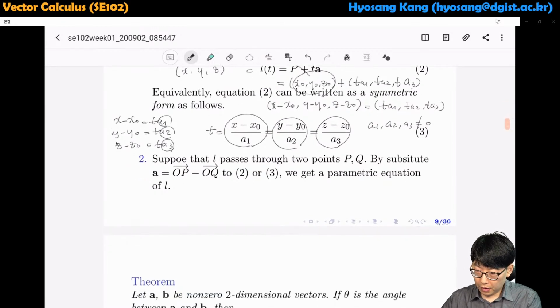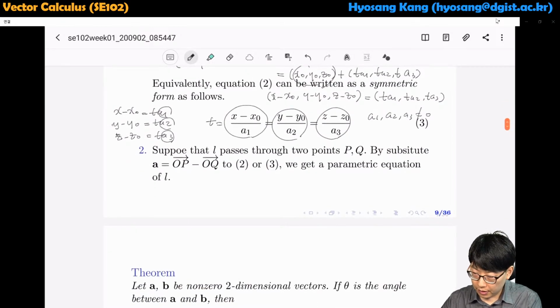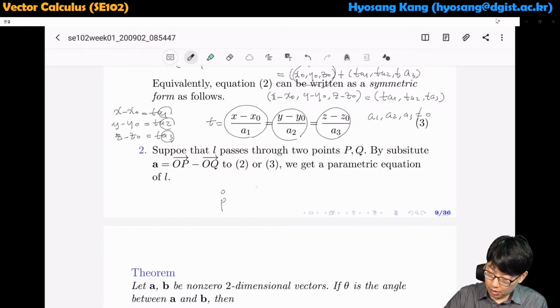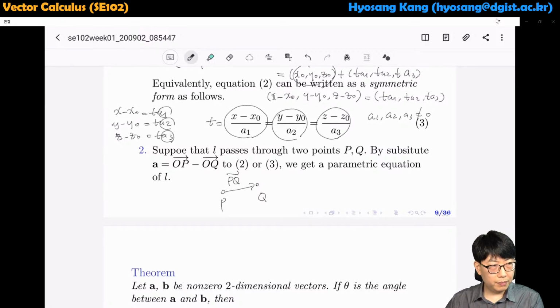Another way of defining a line is that you have two points lying on the same line L, then you can define your parameterization. Suppose that you have P here and you have Q here, the direction of the line is now the vector PQ. How do you get PQ?